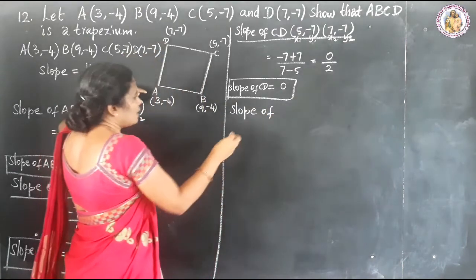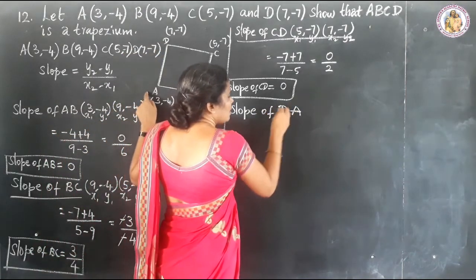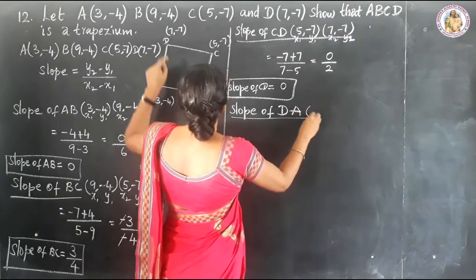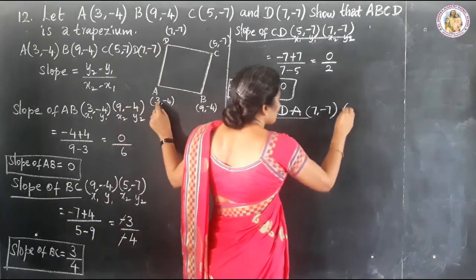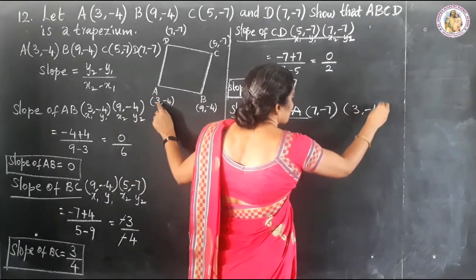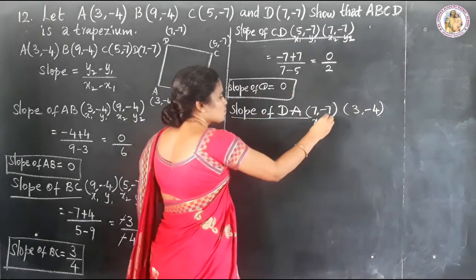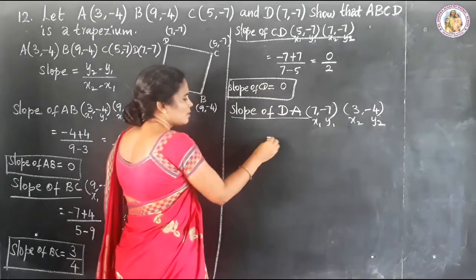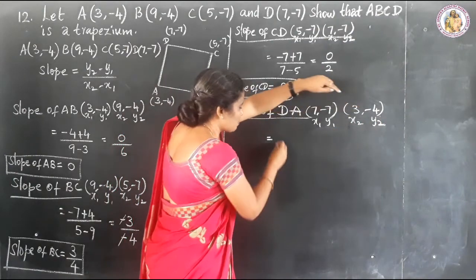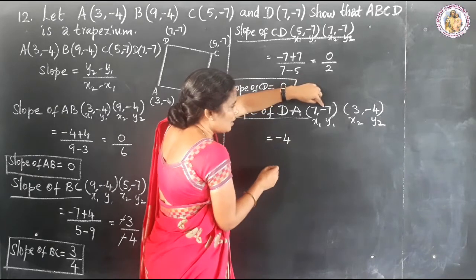And now let us find the slope of DA. The points are 7 comma minus 7 and 3 comma minus 4, taken as x1 y1 x2 y2. y2 is minus 4 and y1 is minus 7.